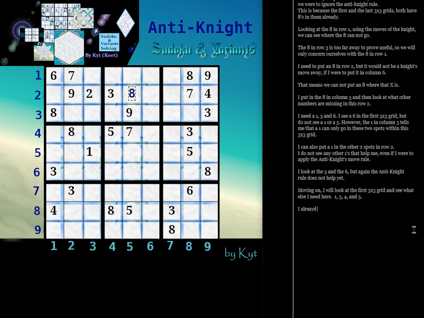I already determined where the 1 might go, and I determined that the 6 must go in row 2 outside of this grid.